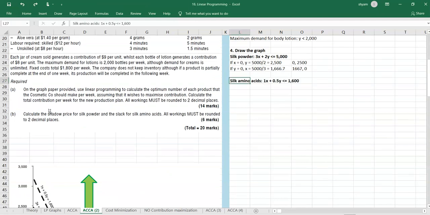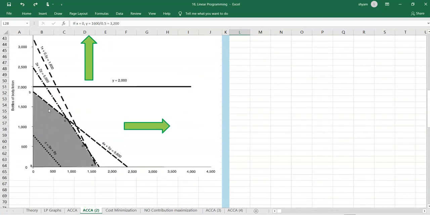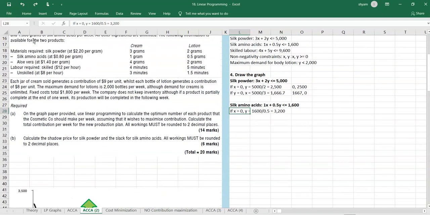Silk amino acid. Again, x is 0. So y should be 3200. So y is 3200. Okay. One point is here and one more point would be when y is 0, what is x?